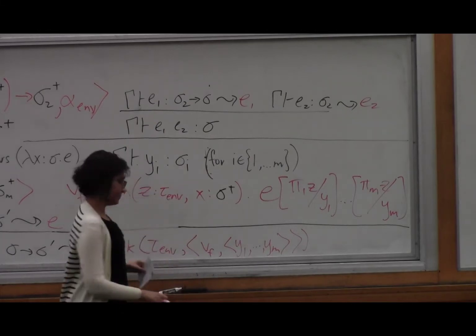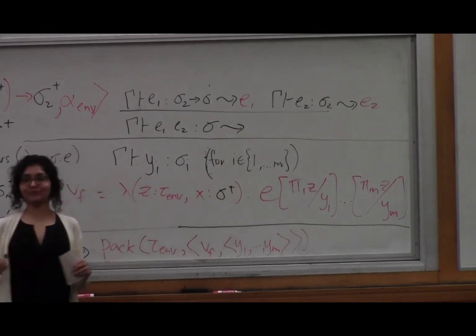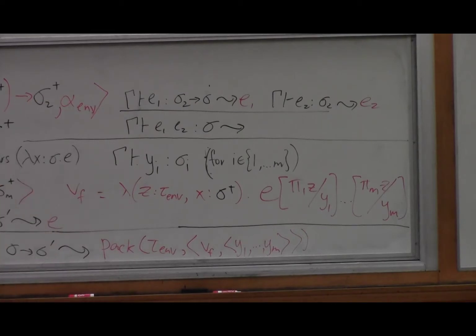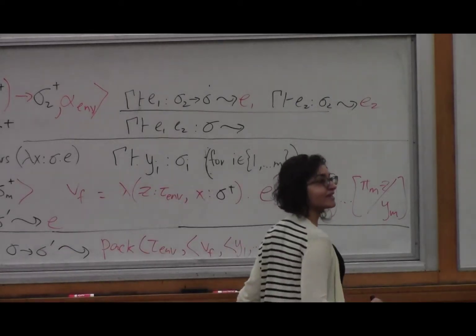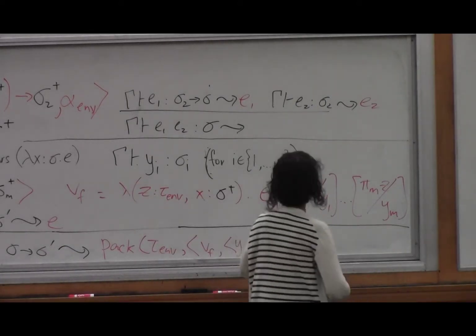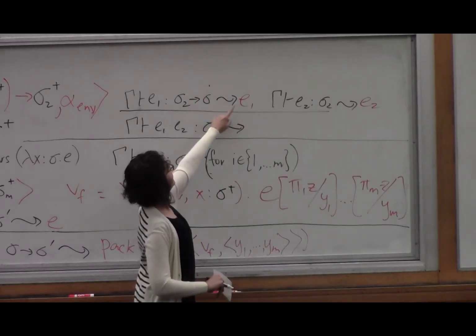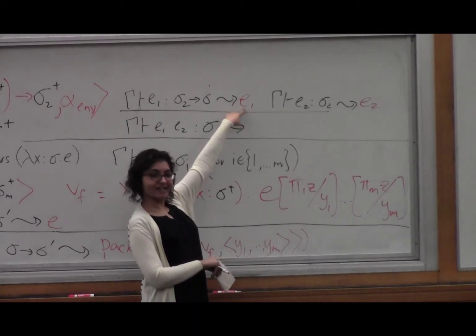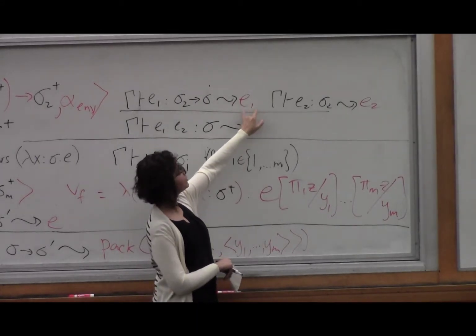So what do you think is the first thing you should do? What's the first question to ask even? Exactly. When we write down the red expression that we're going to produce, we need to use E1 and E2.